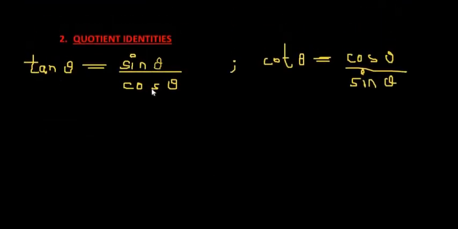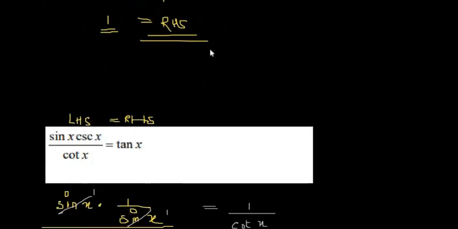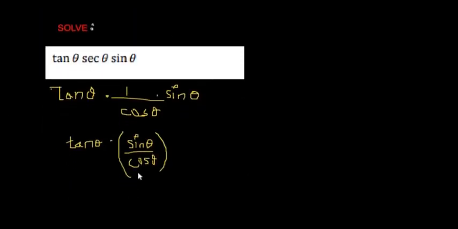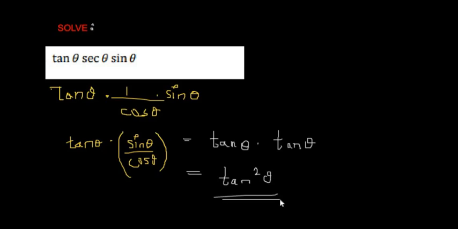So in place of sine theta over cos theta, I'm going to replace it with tan theta. So let me write the tan theta here. It becomes tan theta times tan theta. And tan theta times tan theta can be written as tan squared theta. This is your final answer, and this is the way you have to solve it.